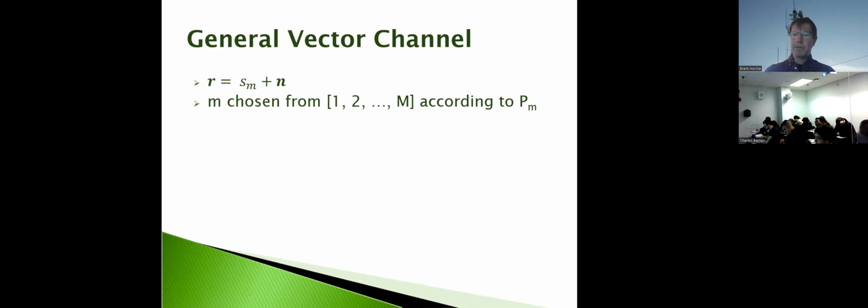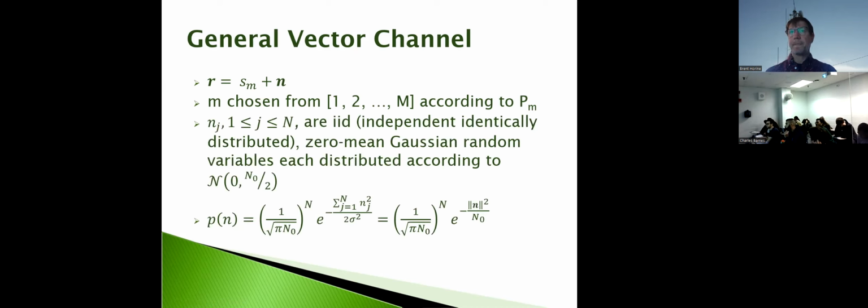The transmitter is transmitting some number of bits, mapping those to symbols or messages m. It's picking out a particular m out of the set of capital M different symbols and sending that. Well, we describe that process with a probability P sub m.